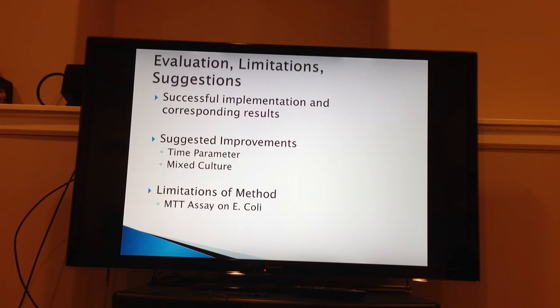And since the data generated from the MTT assay relies on the presence of reductase, its sensitivity to measuring the viability of bacteria and E. coli may be severely impacted due to the absence of large quantities of mitochondria.